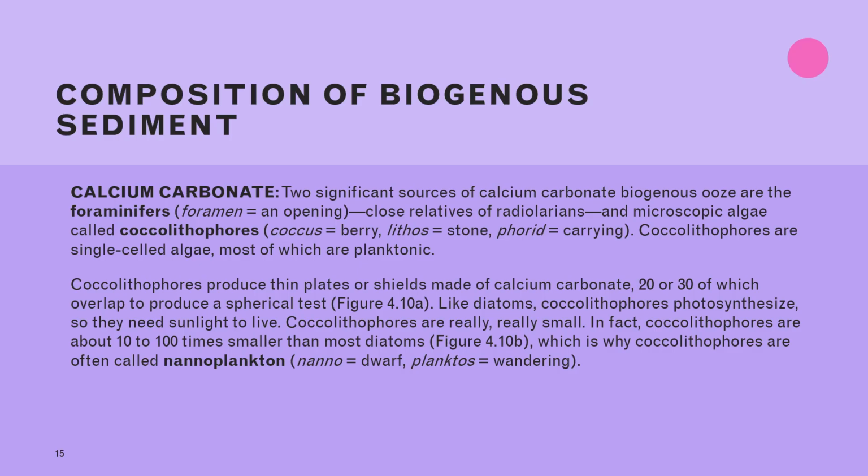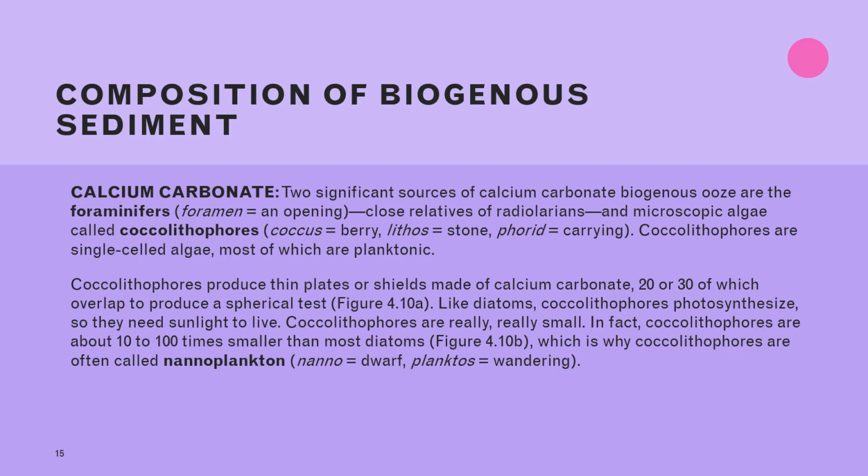Okay, now let's talk about calcium carbonate. Two significant sources of calcium carbonate biogenous ooze are foraminifers, which translates from foramen, meaning an opening. So these are organisms with an opening, who are close relatives to radiolarians, and microscopic algae called coccolithophores.